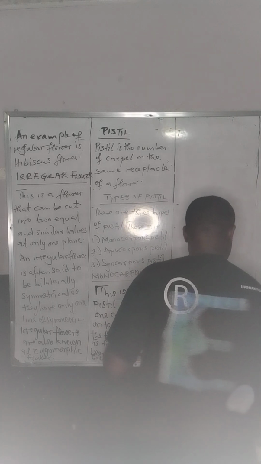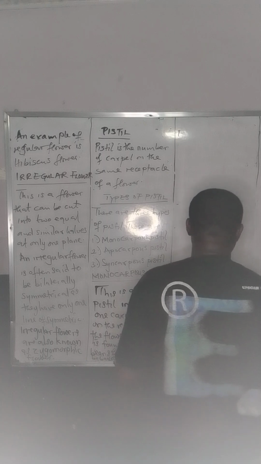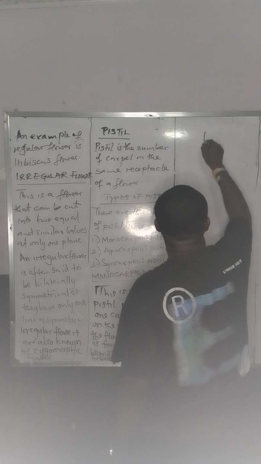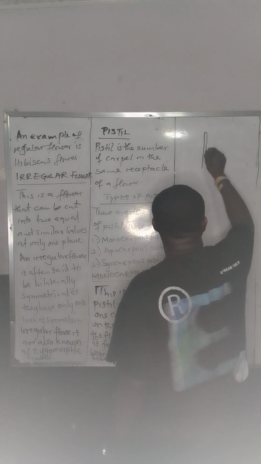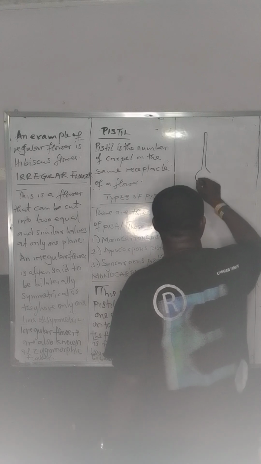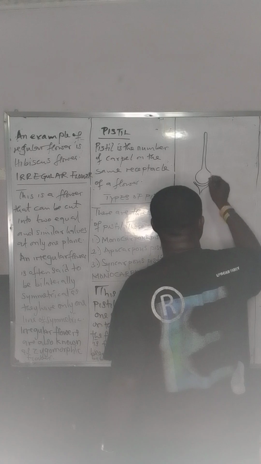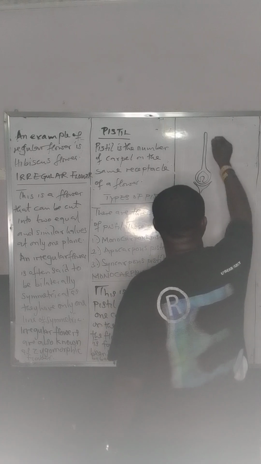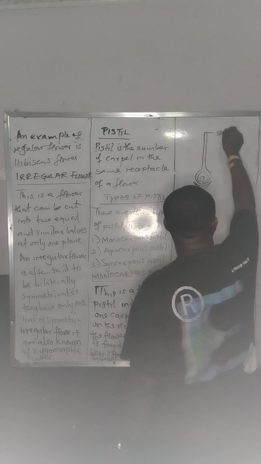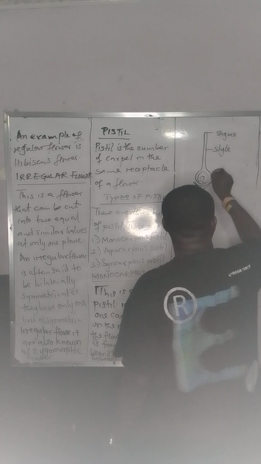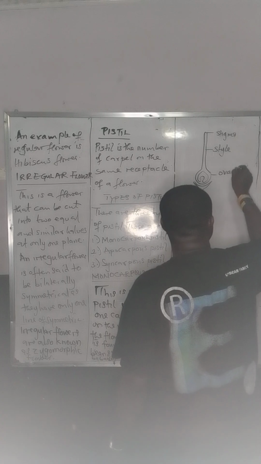So now let's have a drawing of a typical monocarpous pistil. Now you have something like this. You know, this is the stigma, this is the style, and this is the ovary.